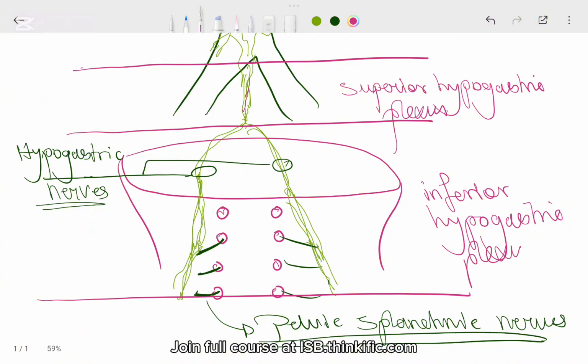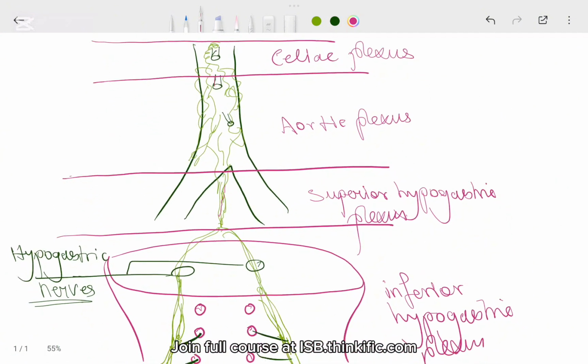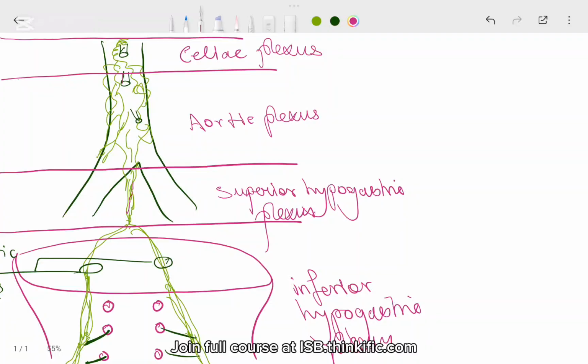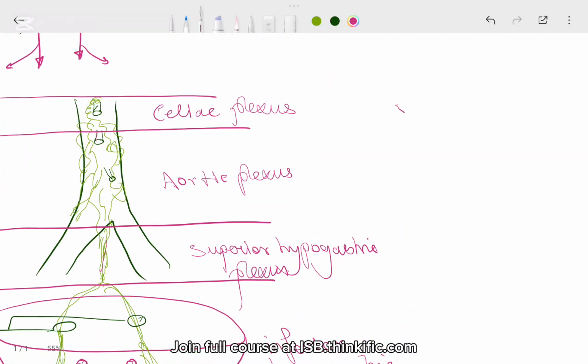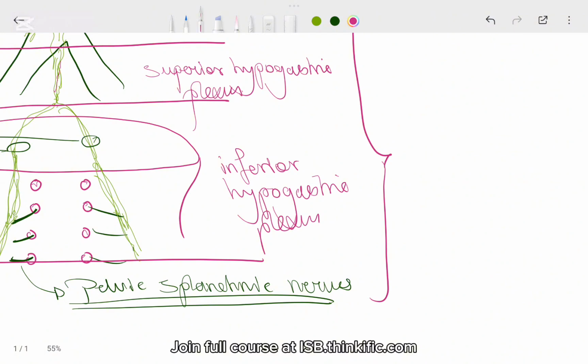So the inferior hypogastric plexus is formed when the hypogastric nerves from the superior hypogastric plexus join the pelvic splanchnic nerves from S2, S3, S4. Now this entire thing from top to bottom, these entire plexuses, is called the prevertebral plexus.